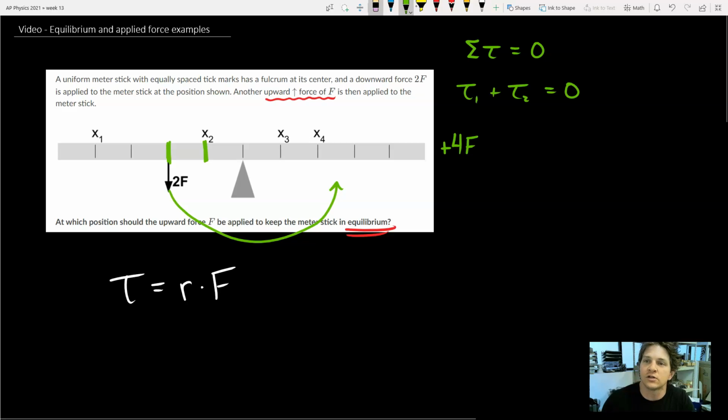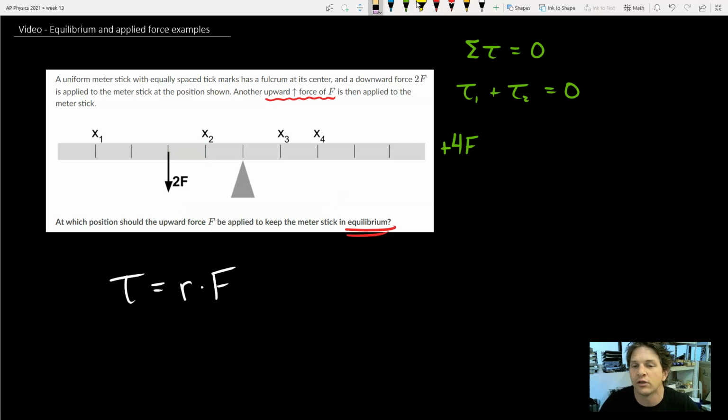And now we need to know, okay, where are we going to put this upward force so that it cancels everything out? Well, if I put an upward force over here, that would actually still be spinning counterclockwise. So that actually wouldn't cancel out the torque. That would still be a positive torque.